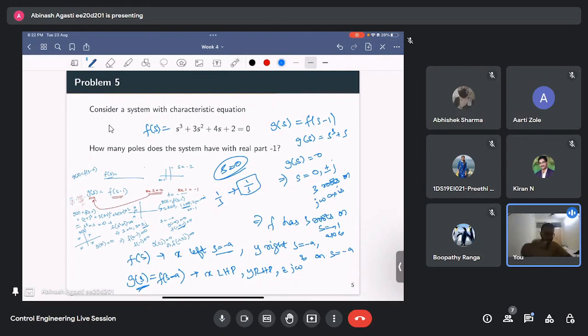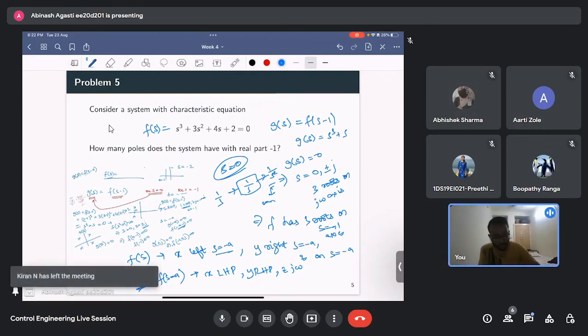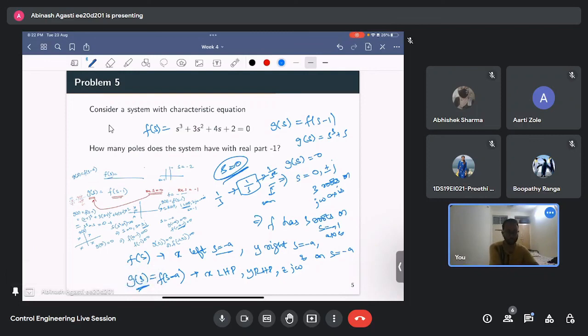So when you give that into the system, you get 1 by s square, but this is a ramp which is unbounded. So you are giving one bounded input and getting one unbounded output. That is enough to say that this system is BIBO unstable. So if you have s equal to 0, you should say that the system is unstable.